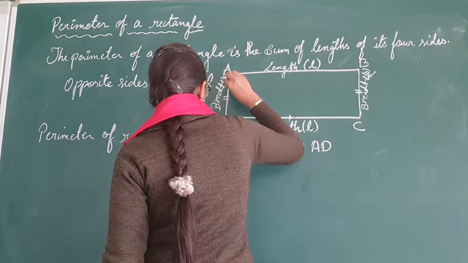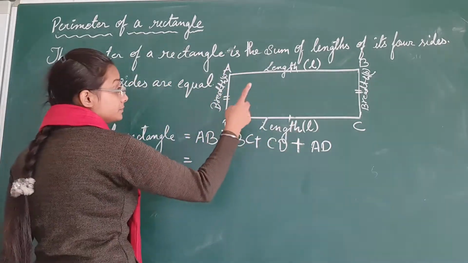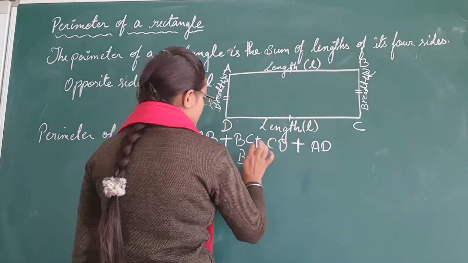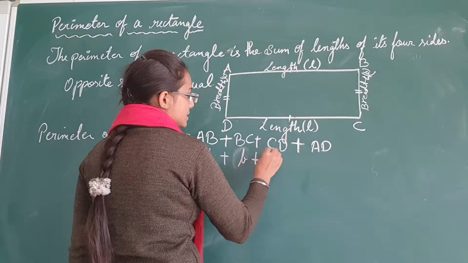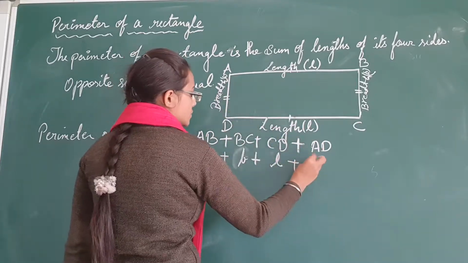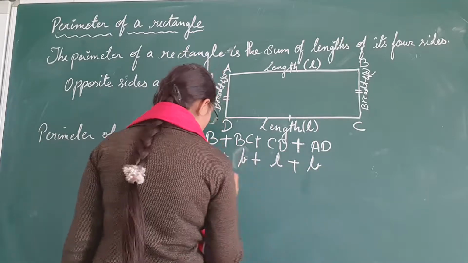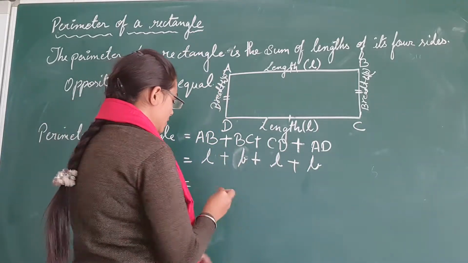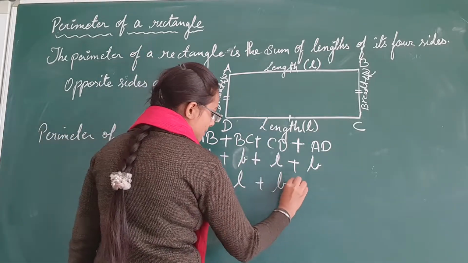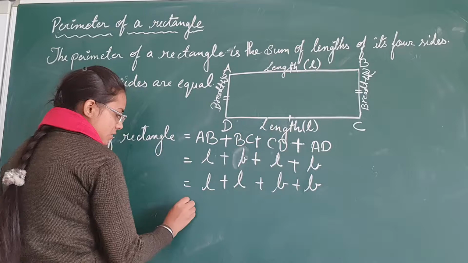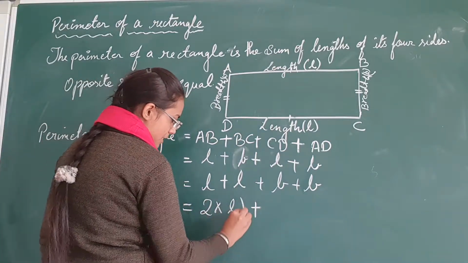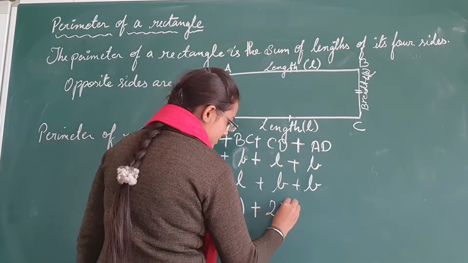So here we are taking length plus breadth plus length, CD is L, plus here also breadth. So you can write it together as L plus B plus L plus B. This we can also write as 2 times length plus 2 times breadth.